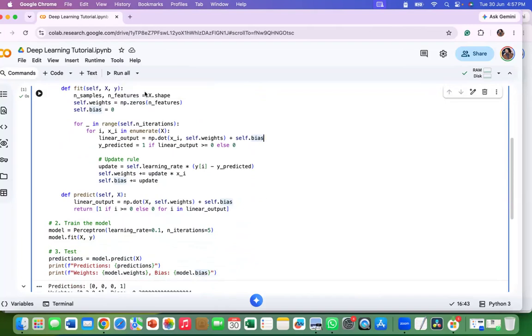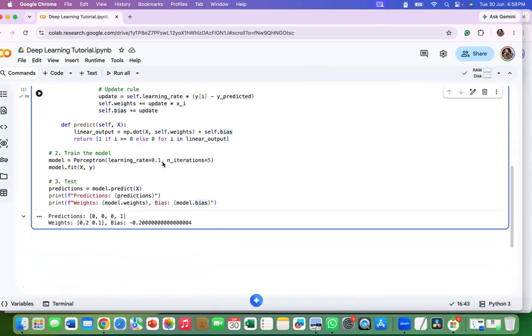n_samples, n_features equals X shape; self weights equals np.zeros of n_features, self bias 0. उसके बाद हमने ये function run किया: for i in range self.n_iterations. ठीक है, linear output is equal to np.dot(xi, self.weights) plus self.bias. y_predicted is equal to 1 if linear output is greater than 0 or else 0. अगर आपकी value 0 से ज्यादा हो तो predicted 1 होगा, else 0 होगा.